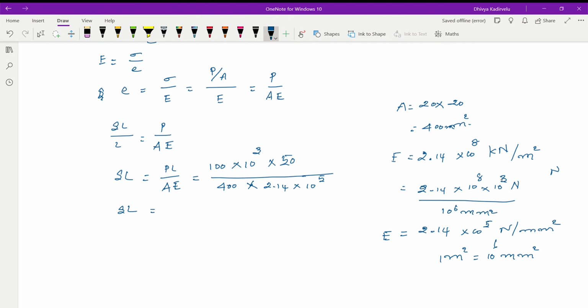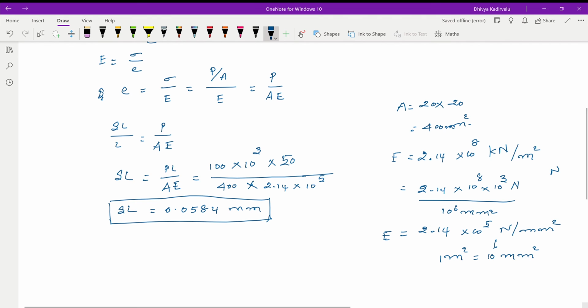So you will get the value as 0.0584 millimeter as the change in length. So for a rod of 20 by 20 mm cross section subjected to 100 kilonewton axial compressive force, your change in length will be 0.0584 mm.